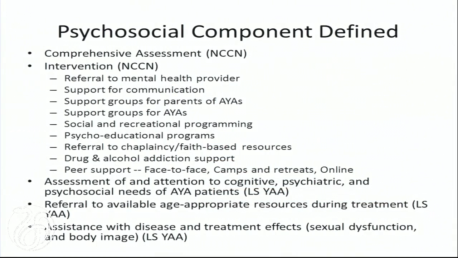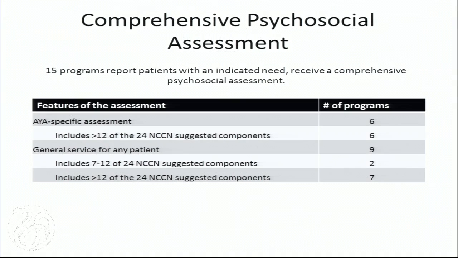Again, this is a lot of information to take in, but basically what this shows you is which pieces of the NCCN guidelines and which of the Young Adult Alliance elements actually come together to make this psychosocial component. So that component is a conglomerate of pieces of the guidelines and pieces of these elements that you can see here.